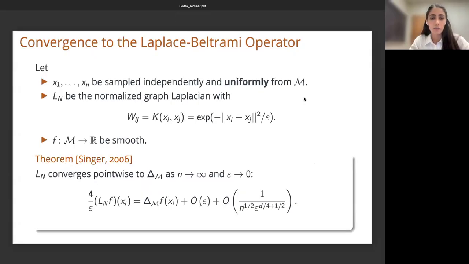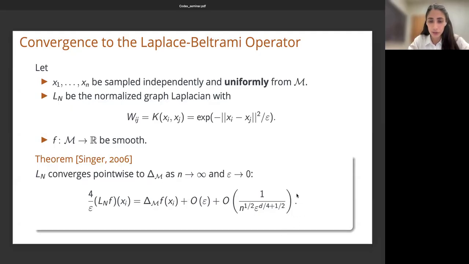Okay, so this is the first well-known result, and it's that when we have n data points sampled independently and uniformly from the manifold, and we construct the normalized graph Laplacian from the Gaussian kernel, then the normalized graph Laplacian converges pointwise to the manifold Laplacian as we let the number of data points go to infinity, and we decrease the bandwidth parameter in our kernel.